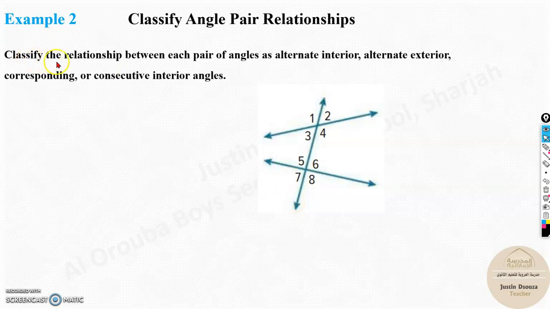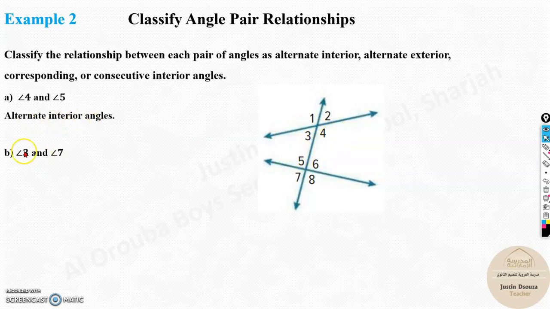Now they have asked you to classify the relationship between each pair of angles as alternate interior, alternate exterior, corresponding or consecutive interior angles. Now over here, they have given us a few angles. So 4 and 5. Let's see what this is. When you look at it, you must understand they are inside, interior and opposite direction. So alternate interior angles.